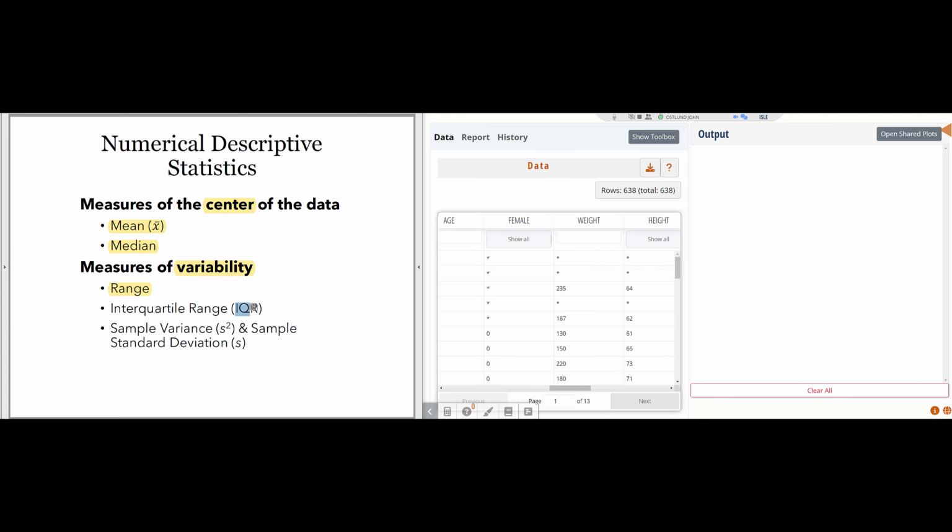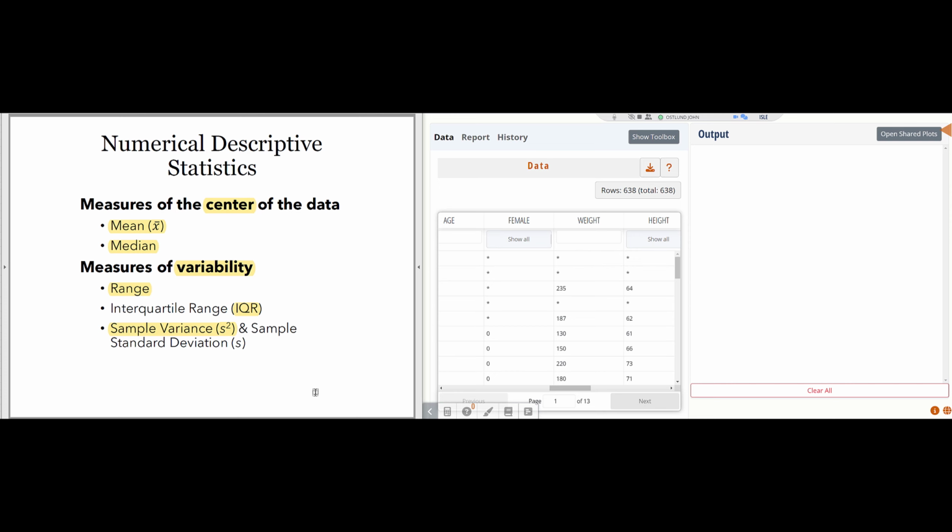The interquartile range that we discussed in the previous section is a little better because that tells you where the middle 50% of the data are located. Also, what we often use computationally are this thing called the variance, which is the sum of the squares of the differences between a particular data value and the mean.